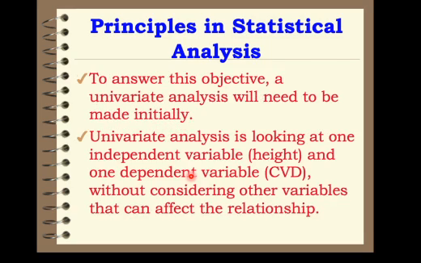Now, to answer that objective, a univariate analysis will need to be done initially. And we said that univariate analysis is looking at one independent variable, in this particular example, height, and one dependent variable, cardiovascular disease. And we don't consider other variables that can affect the relationship.